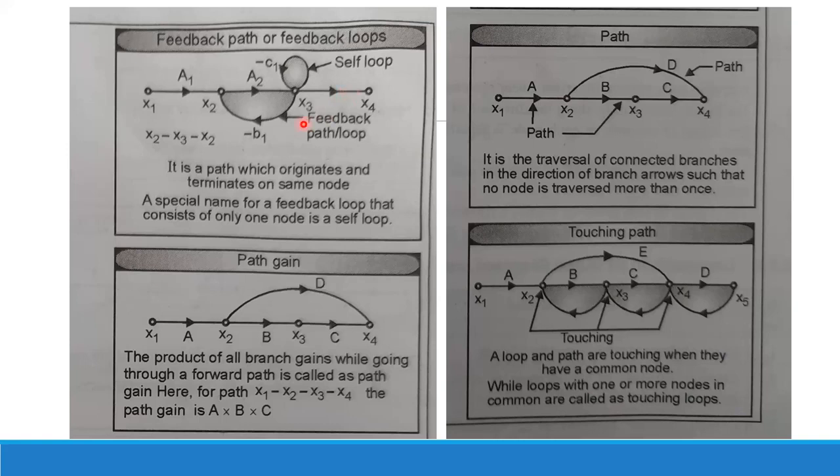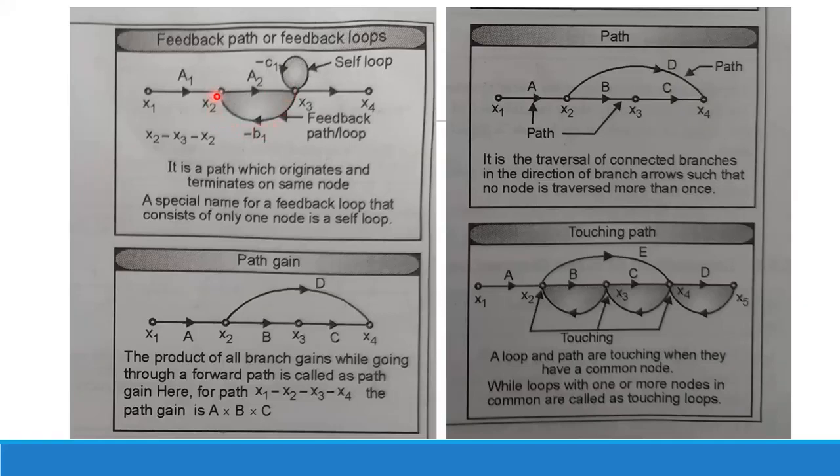Now I see here that there are some reverse arrows present, like x3 is connected to x2. That means there is a feedback path present here. So this is a feedback path, also known as a feedback loop. It looks like a loop, because if you start from here, you come to x3, then again you come to x2.